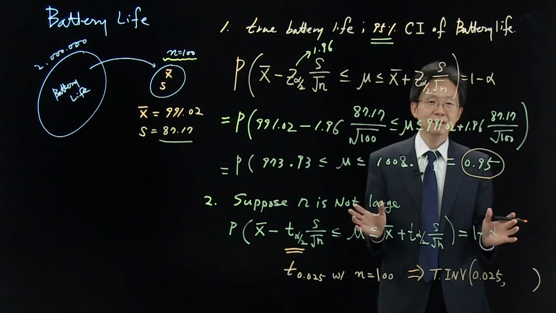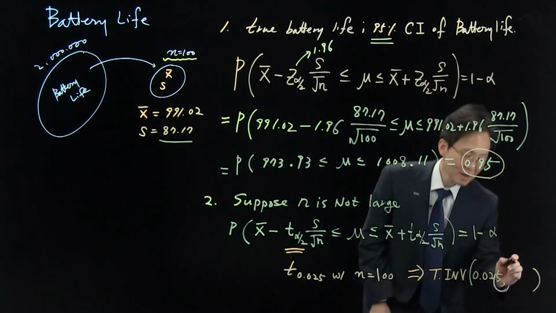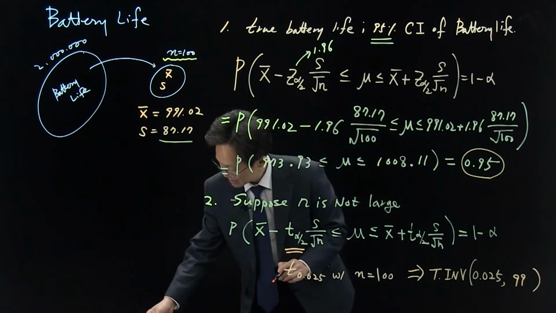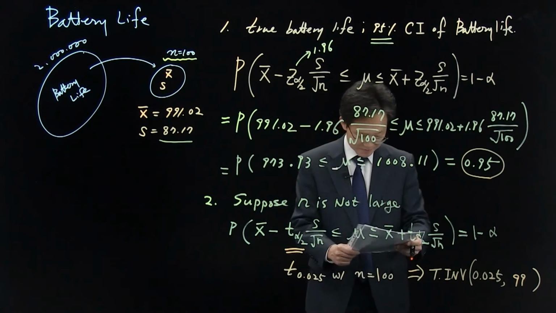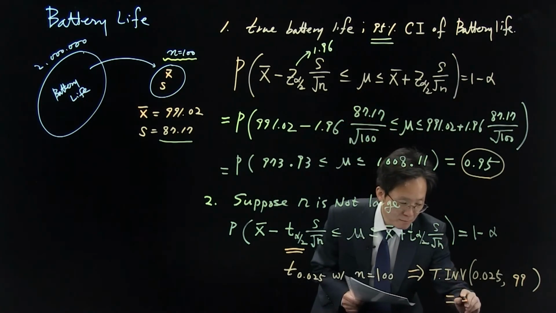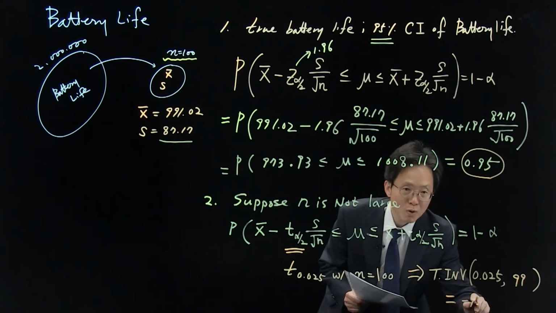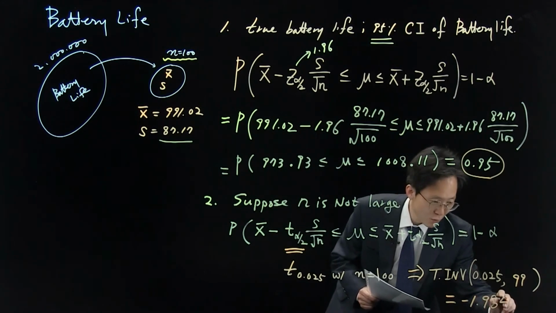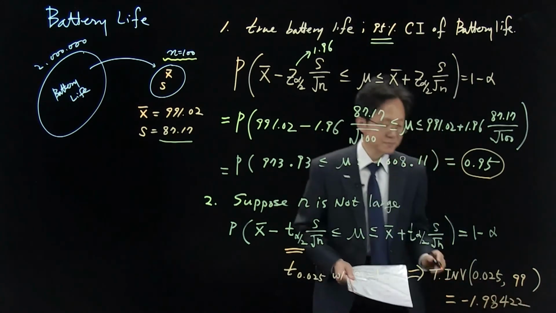I already said it should be n minus 1. Therefore, you need to put 99, right? So if you do that, you will probably have minus 1.98422.